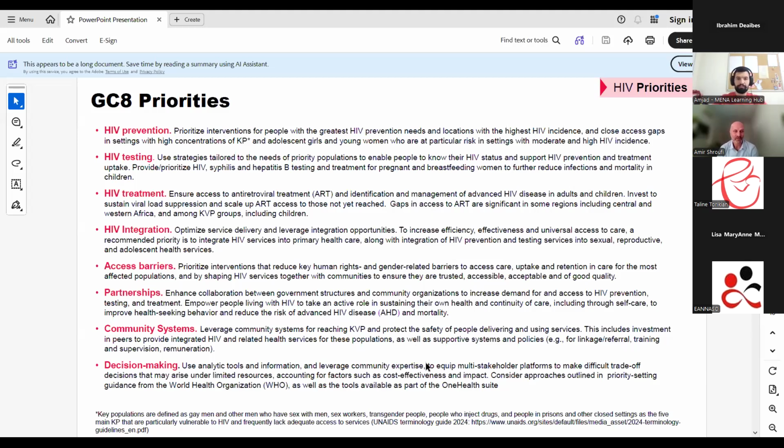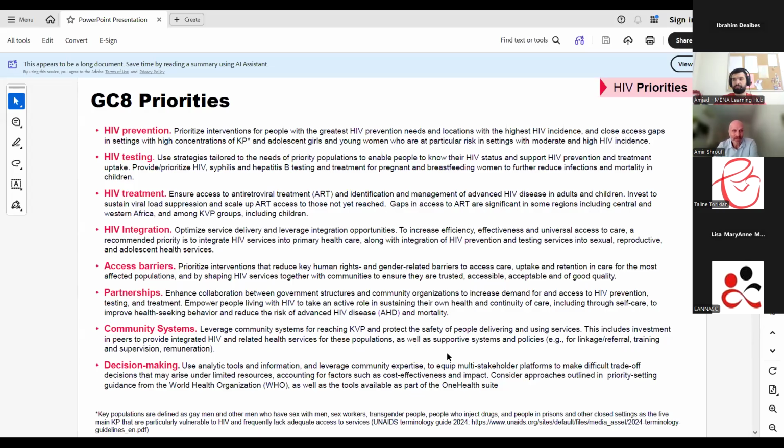So this all is something, as ever, to be delivered through partnerships, both through international partnerships and at the local level, obviously leveraging community systems to ensure that the people who need the services can reach them.